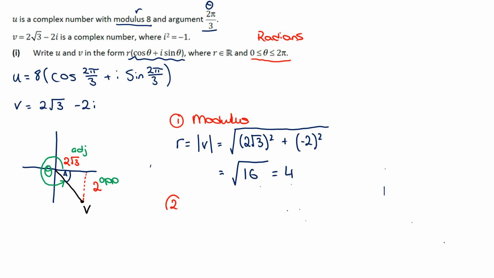So the second thing we're going to work out is our argument. Based on that diagram, we're going to use the tan of A, the reference angle. We're not at the argument yet, we're just at that reference angle, is opposite over adjacent, and that simplifies to 1 over root 3.